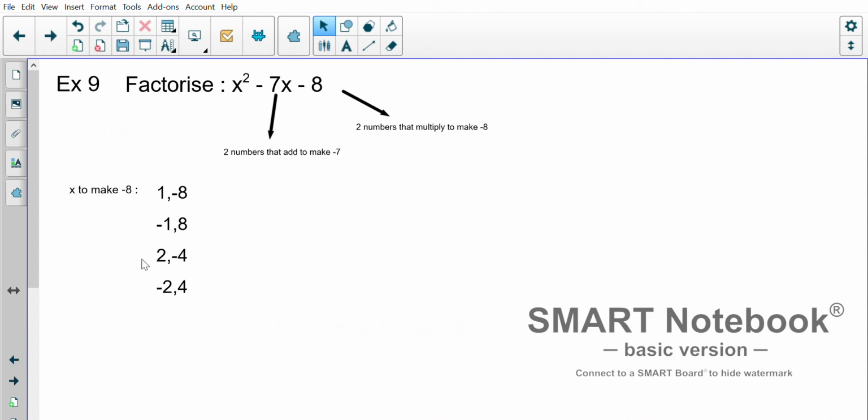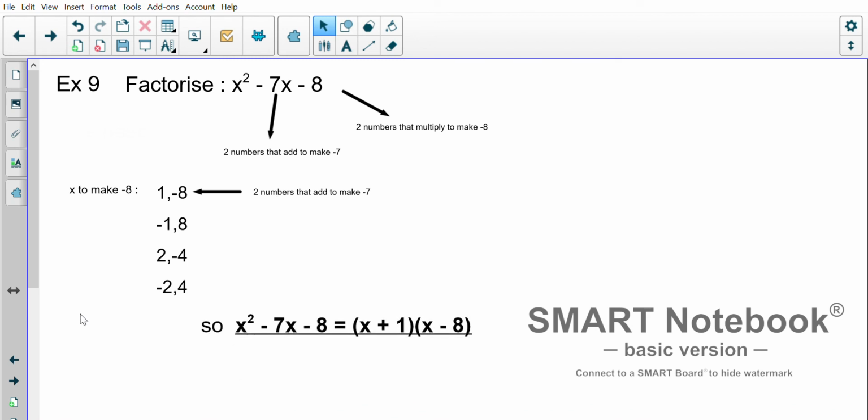So again, rule at the bottom two here. 1 minus 8, minus 1 and 8. Which ones add together to make minus 7? Of course, it's this top set here. So you're going to have a plus 1 and a minus 8 inside your brackets. Okay.